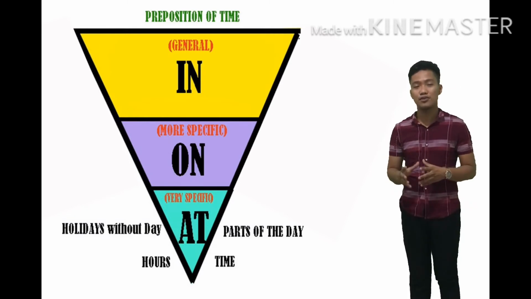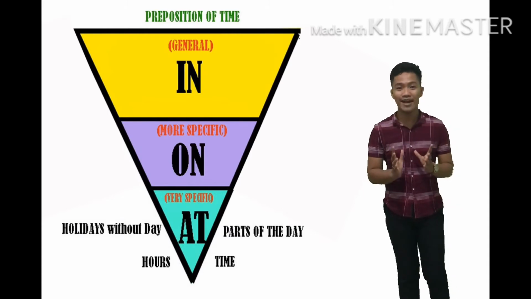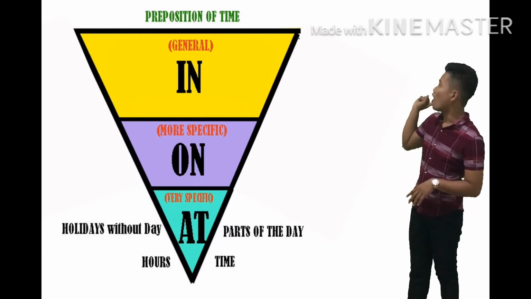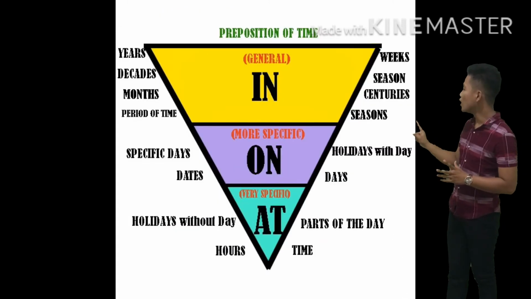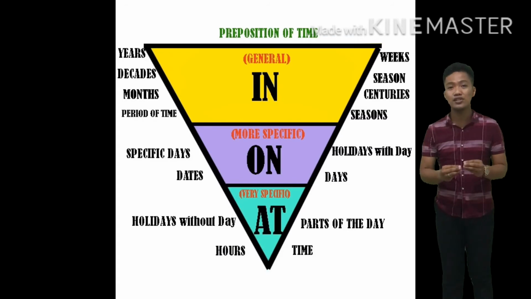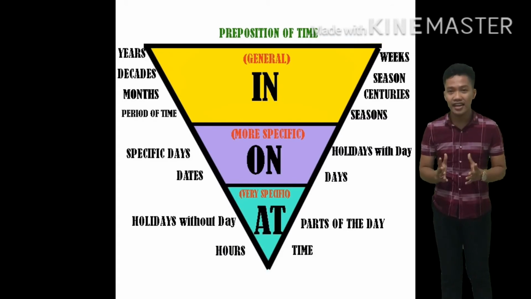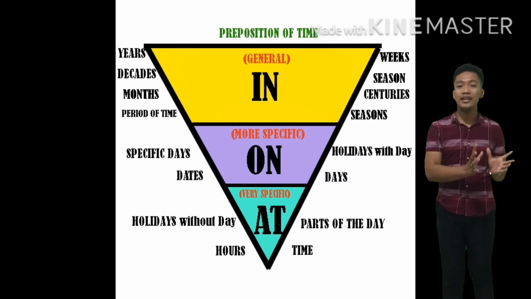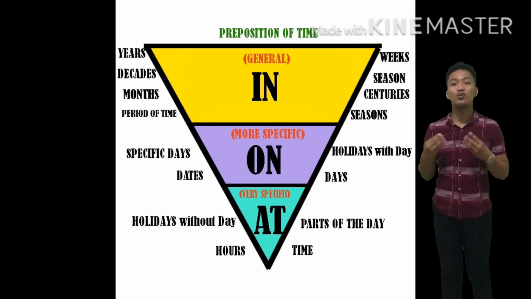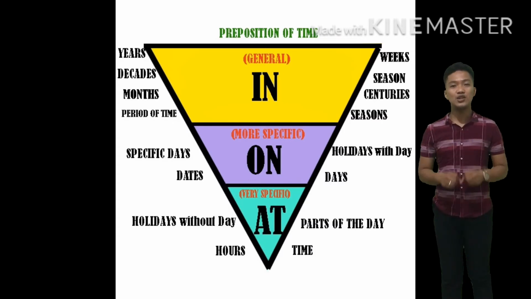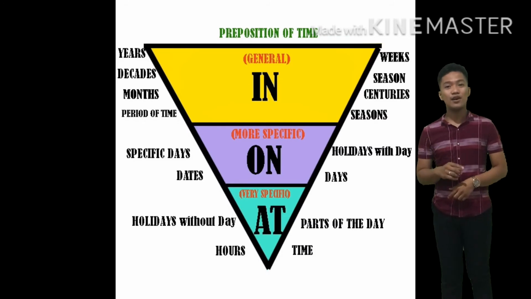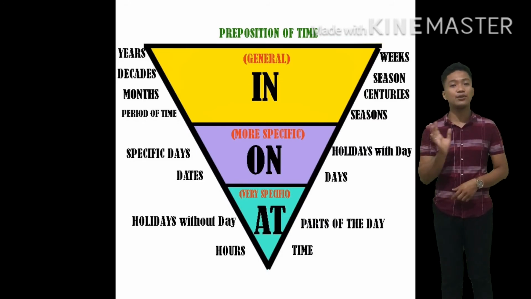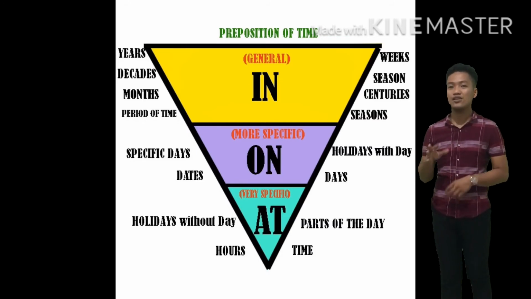among all the prepositions. As a recap, the prepositions in, on, and at are used to determine when something happens or will happen. We use in when it is general, for example, years, decades, and so on.